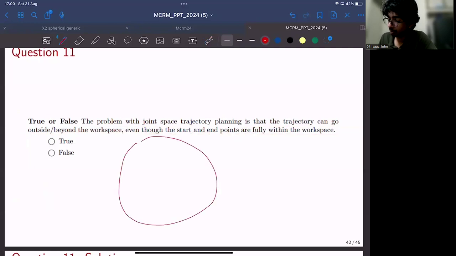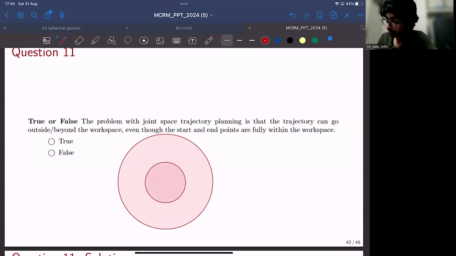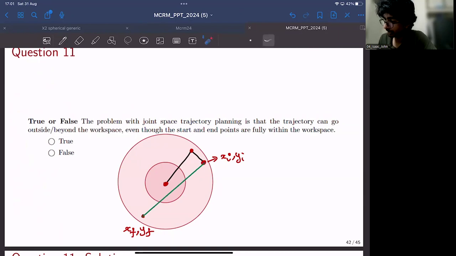Like we have seen in this example of a donut, where if you have a robot manipulator like this, this is your initial point, xi, yi, and this is your final point, xf, yf. If you plan a straight line from this initial point to the final point, there is a possibility that it may go out of this workspace.